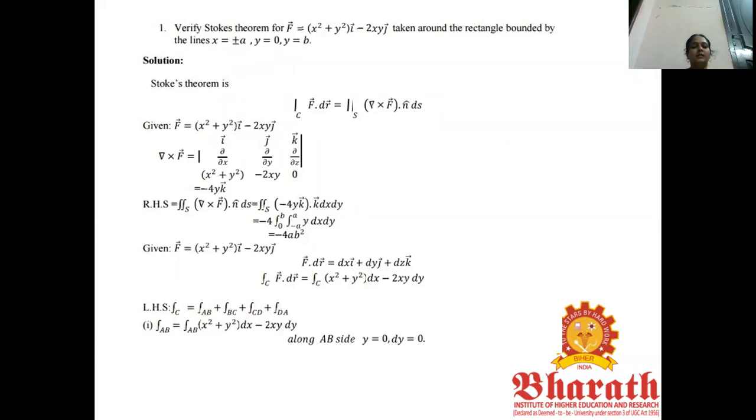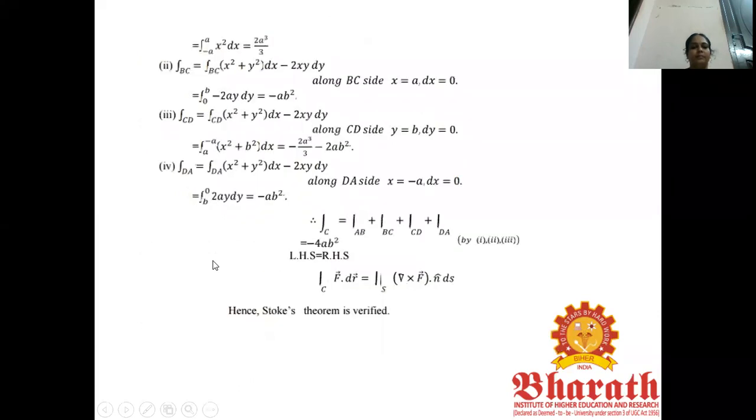Along AB, the side is y equal to 0, which implies dy equal to 0. Now we substitute y equal to 0 and dy equal to 0 in this integral. We get x square dx. Then we integrate with respect to x and substitute the limits. We got 2a cube by 3.